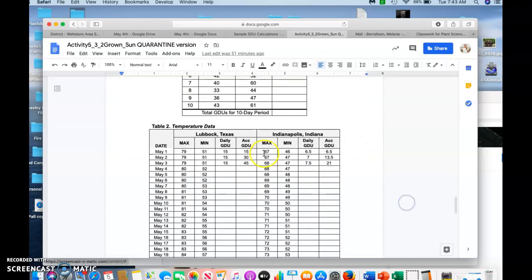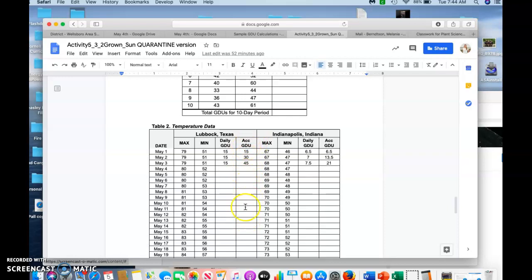Anyway, the daily growing degree units, daily GDU, go in this column here for Texas and this column here for Indiana. The ACC GDU is accumulated. In the examples you're seeing here, it says 15 plus 15 is 30, plus 15 is 45.